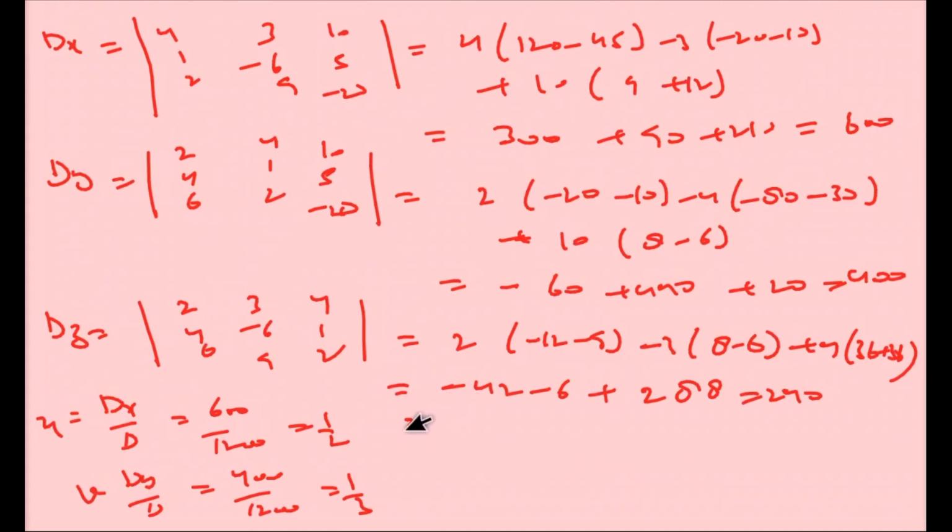Okay, so now we should write here also du upon d, dv upon d, and dw upon d. Okay, now here w equal to dw upon d.